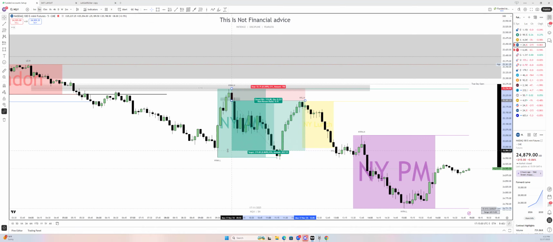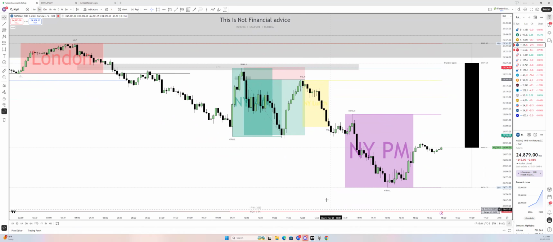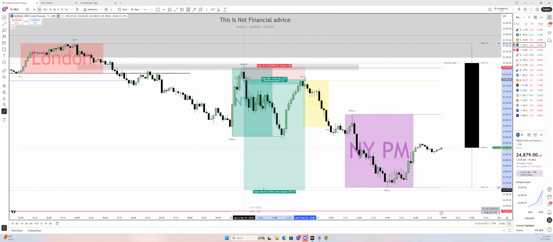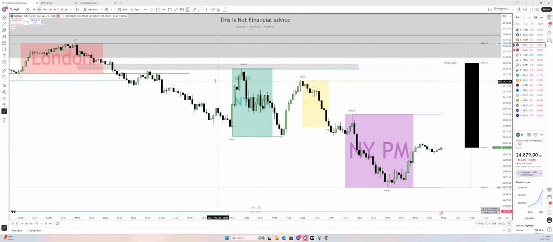You don't have to target the full 4-to-1. But if you would have got that entry out of this hourly fair value gap using this inversion, if you left runners, you would have still been able to get into this trade for a maximum of a 9-to-1. So that's my model, and that's basically what I do.